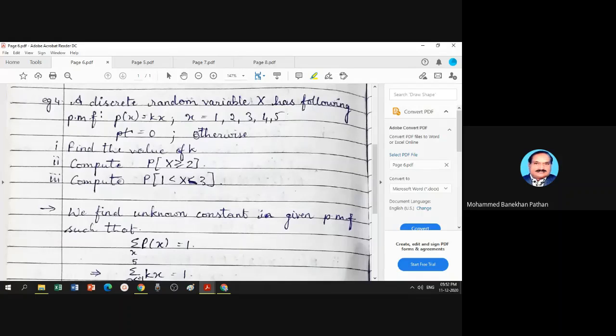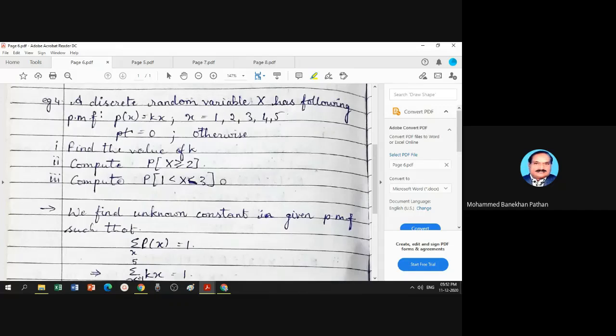Otherwise says if x is not taking these numbers, how much should P(x) be? The answer is 0, because P(x) should be defined for every real value from minus infinity to plus infinity. That's why this condition is written by default. Now find the value of k, compute the probability X greater than or equal to 2, and compute the probability X greater than 1 and less than 3.